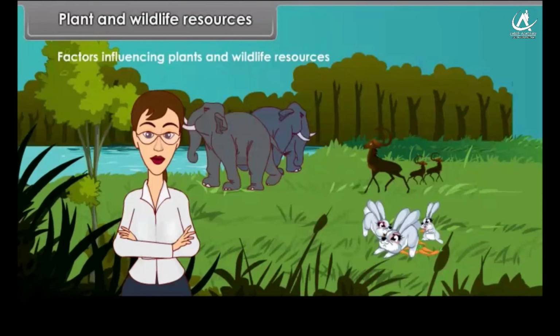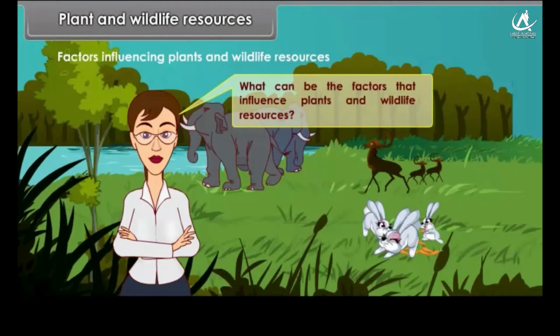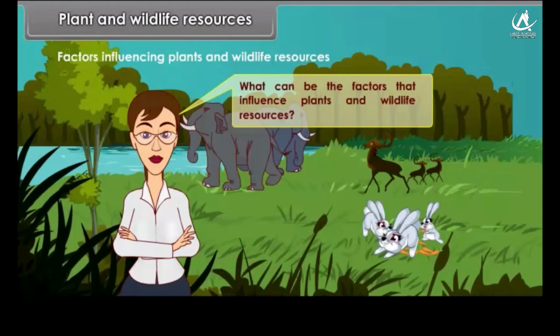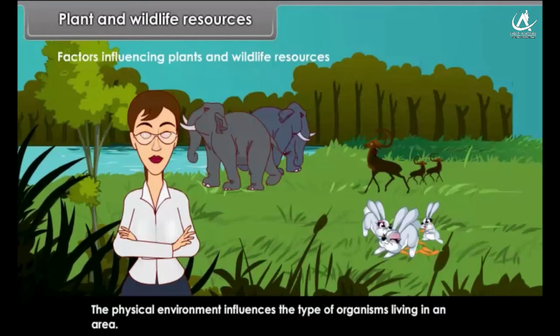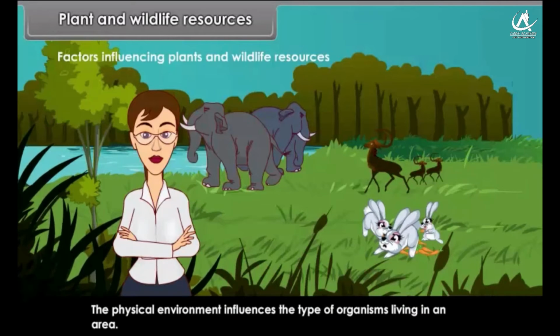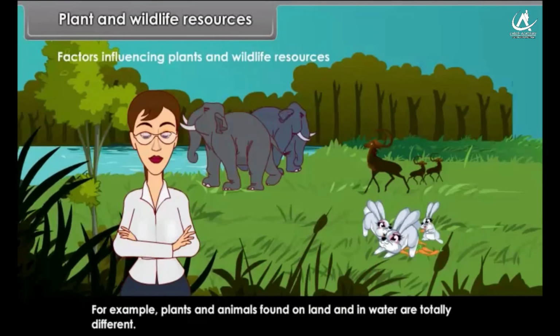Factors influencing plants and wildlife resources. What can be the factors that influence plants and wildlife resources? The physical environment influences the type of organisms living in an area. For example, plants and animals found on land and in water are totally different.